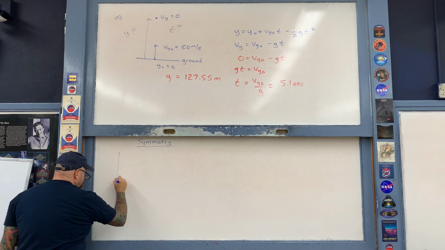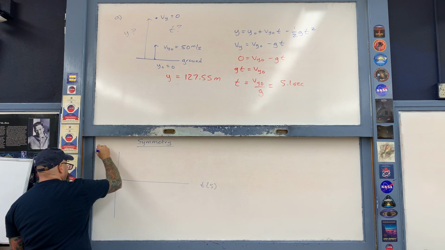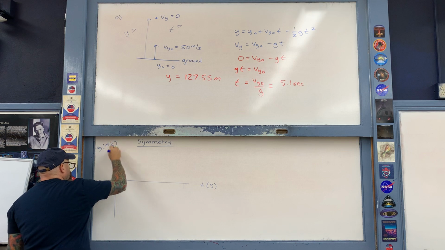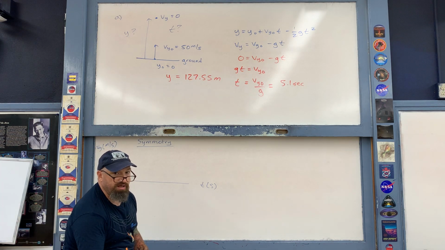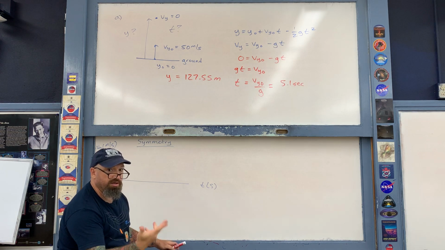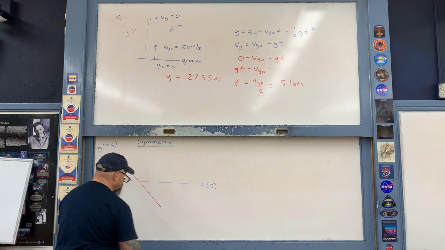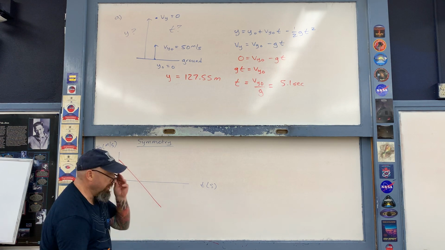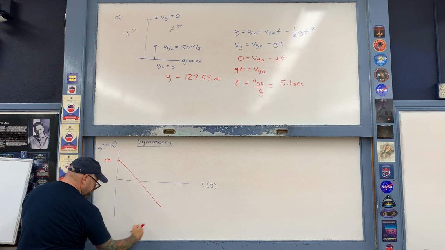Okay, so first of all, the velocity as a function of time. Recall for an object that is thrown upwards that the velocity as a function of time equation is linear, and the graph of that looks like this, like so, with a slope, of course, of minus g. Okay, now right here is the initial velocity upwards of 50 meters per second.